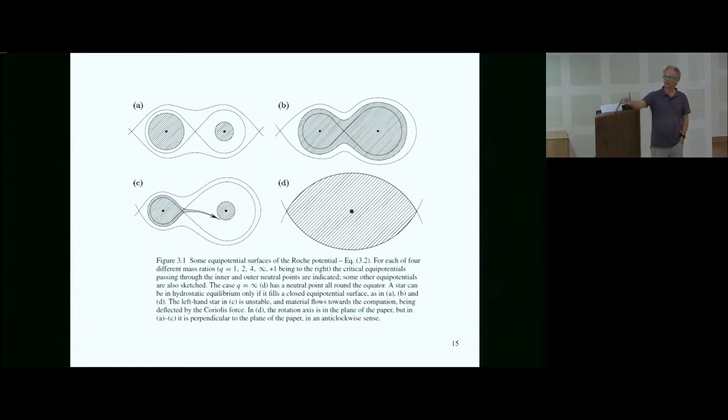And of course, you can have systems where two cores of the stars are overfilling the Roche lobe, and then you cannot really expand the Roche potential to the very high distances, because then you shed the mass very quickly, because the Roche lobe potential is falling down when you go away from the system.